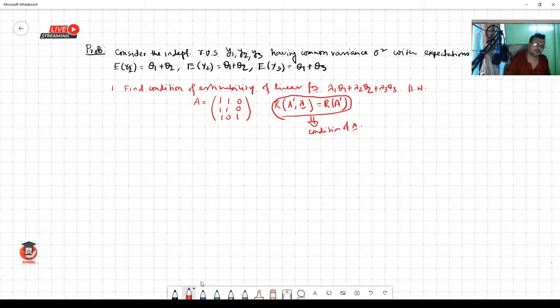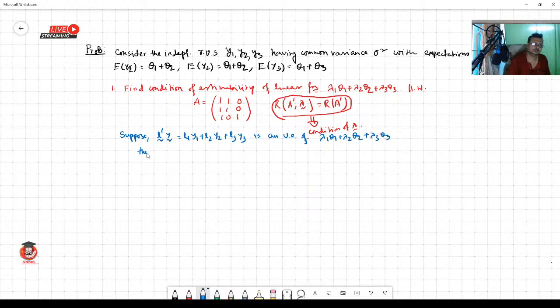Suppose L prime y, that is L1 y1 plus L2 y2 plus L3 y3, is an unbiased estimator of lambda 1 theta 1 plus lambda 2 theta 2 plus lambda 3 theta 3.